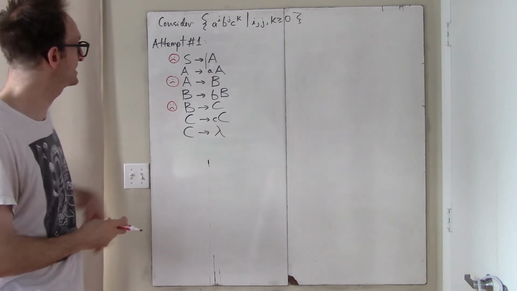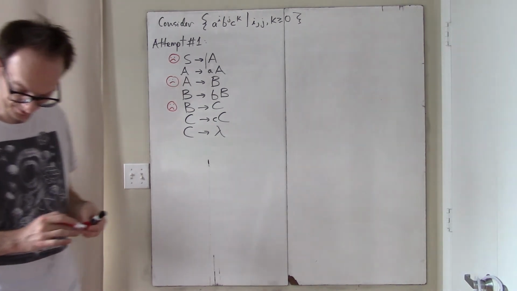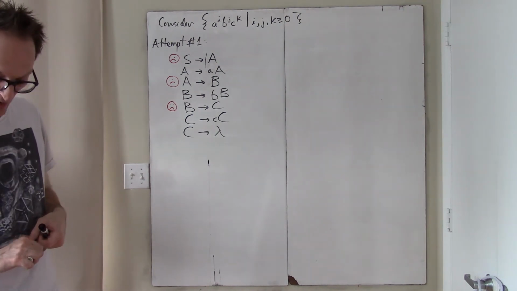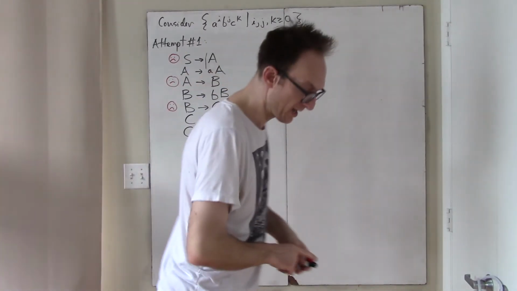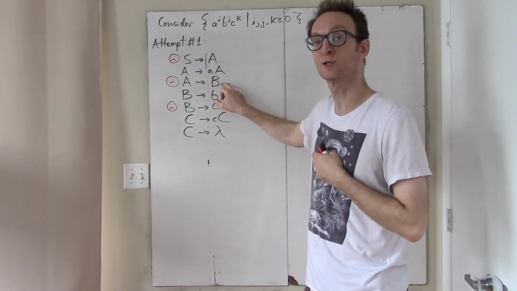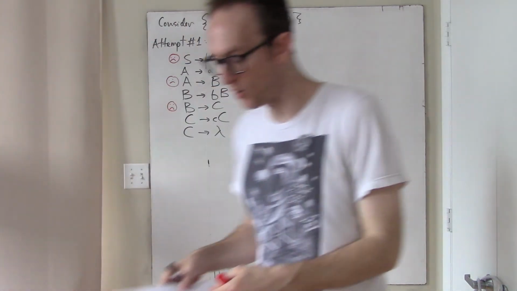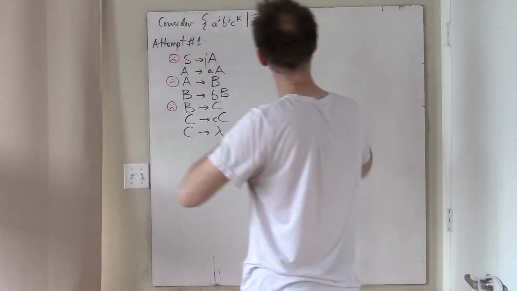And I hope everyone sees that it's these three rules in particular which have violated one of our rules about the production rules, namely that there must be at least one terminal symbol per production rule on the right-hand side. So that was attempt number 1.